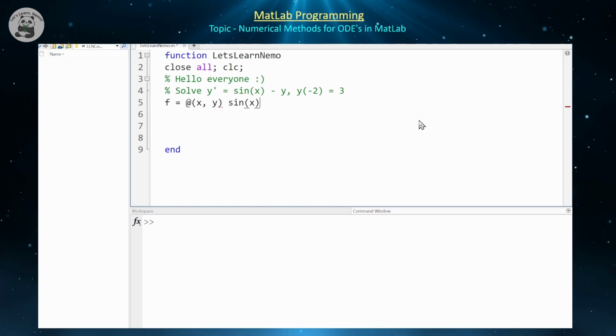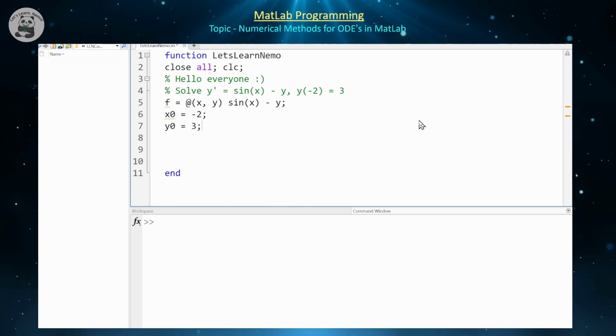So we have sine of x minus y as our function, and let's define our initial condition values x0 and y0. So x0 is defined to be equal to minus 2, and y0 is going to be equal to 3.